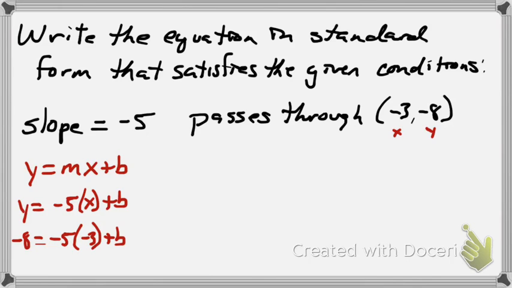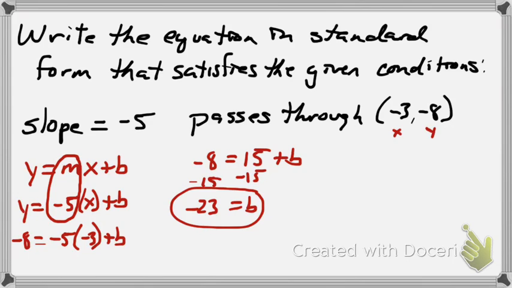So now you do your chapter 1 work, trying to get the b by itself. -5 times -3 is 15. Subtract the 15 to the other side. I get that b in this case is equal to -23. That's enough information for us.